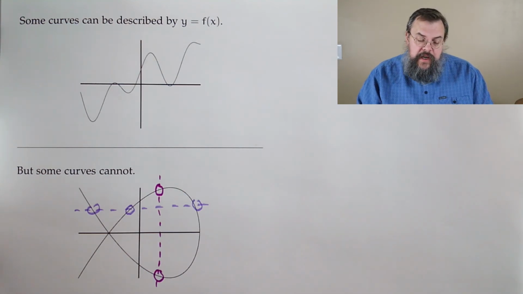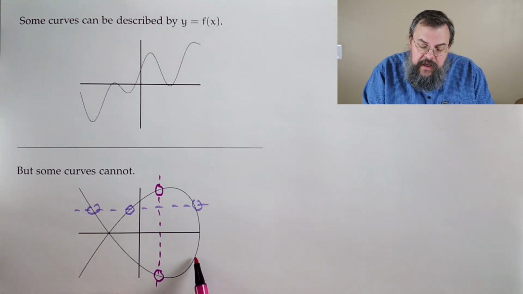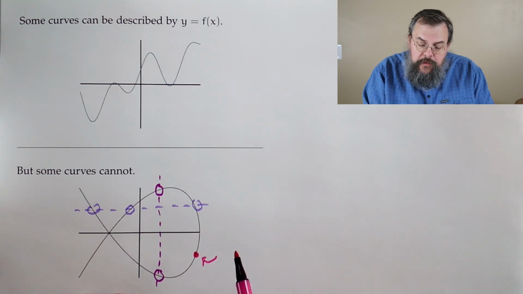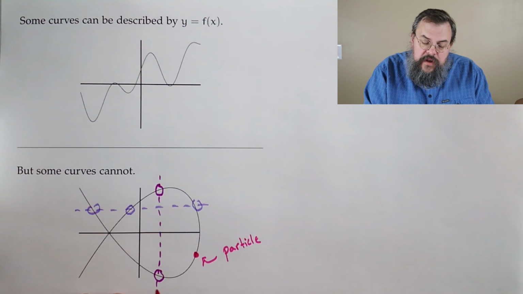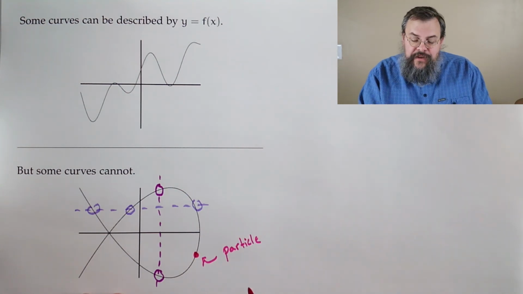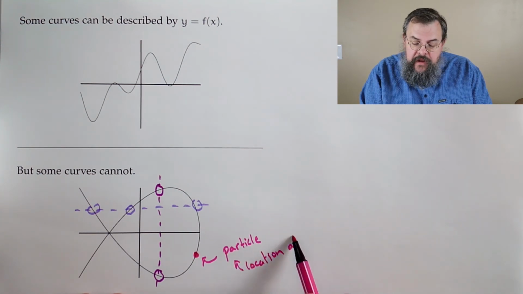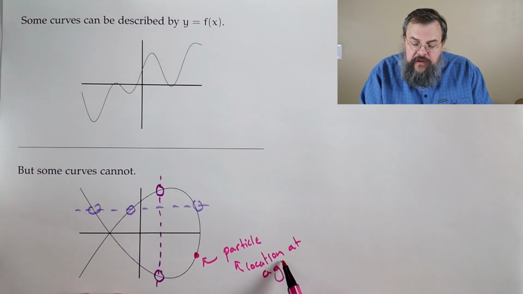Well, the idea is going to say, look, let's think of it as though there's a little tiny particle. So this is our little particle, and we're going to think about where we are. So we're going to think about location at a given time. So now we can think of it as though there's this particle moving through space.